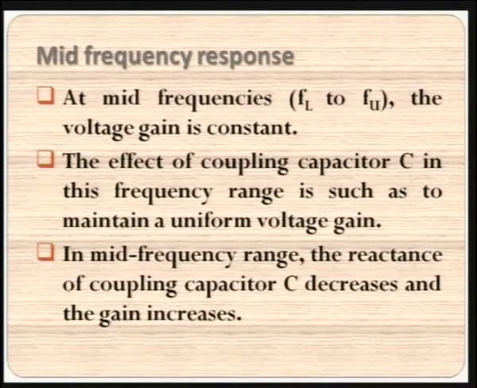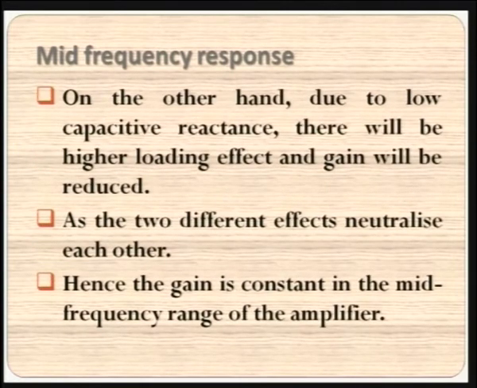In the mid frequency range, the reactance of coupling capacitor C decreases and the gain increases. On the other hand, due to the low capacitive reactance, there will be higher loading effect and the gain will be reduced. As the two different effects neutralize each other, the gain is constant in the mid frequency range of the amplifier.